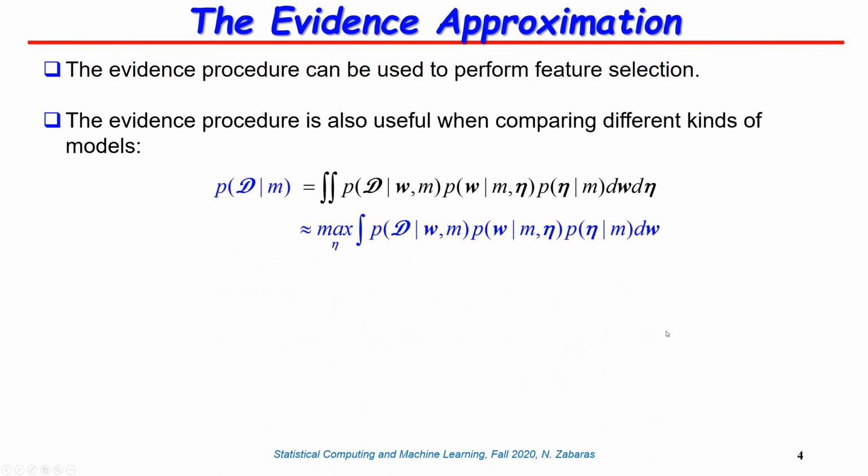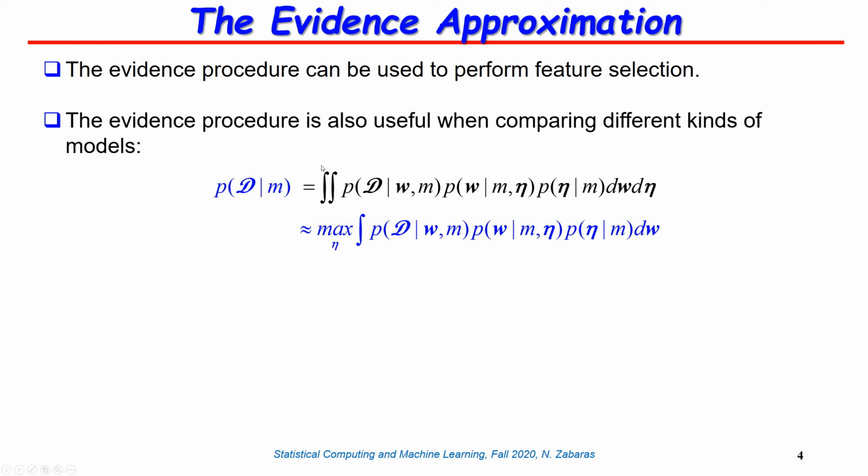All right, so let me remind you the setting that we discussed earlier on hierarchical Bayes models. What you see here is the equation for the marginal likelihood. This is our likelihood model. W are the regression parameters.